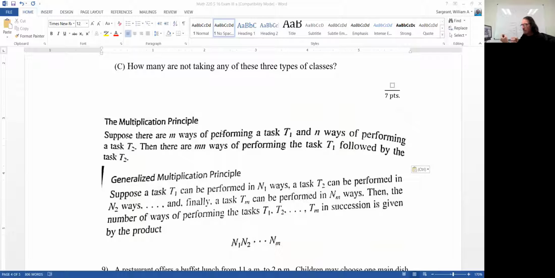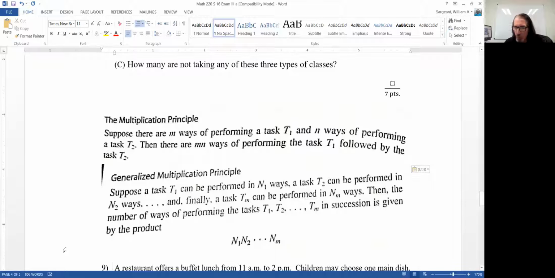Well, instead of thinking of it that way, we can just generalize the multiplication principle to any number of things that we wish to do, or any number of tasks. So if you have m ways to do a task and you know how many ways to do each, then multiply how many ways there were to do each to find out how many ways to do all m things.